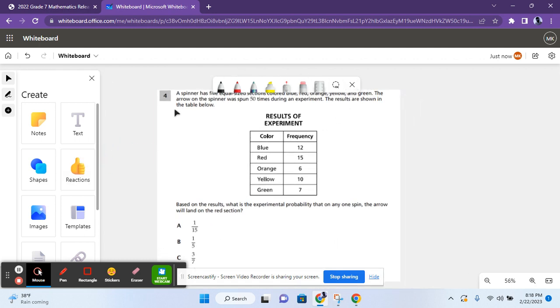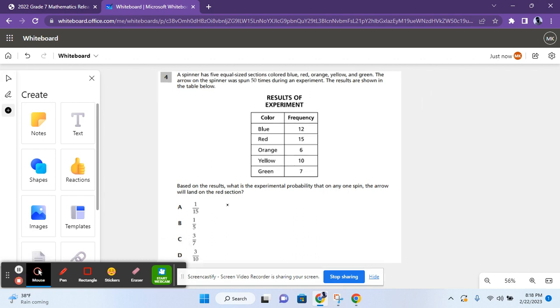For question 4, it says a spinner has 5 equal size sections colored blue, red, orange, yellow, and green. The arrow on the spinner was spun 50 times during an experiment. The results are shown in the table below.